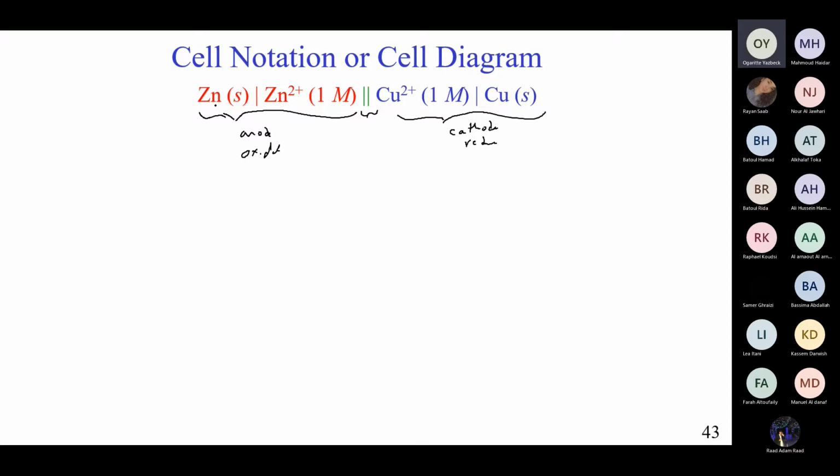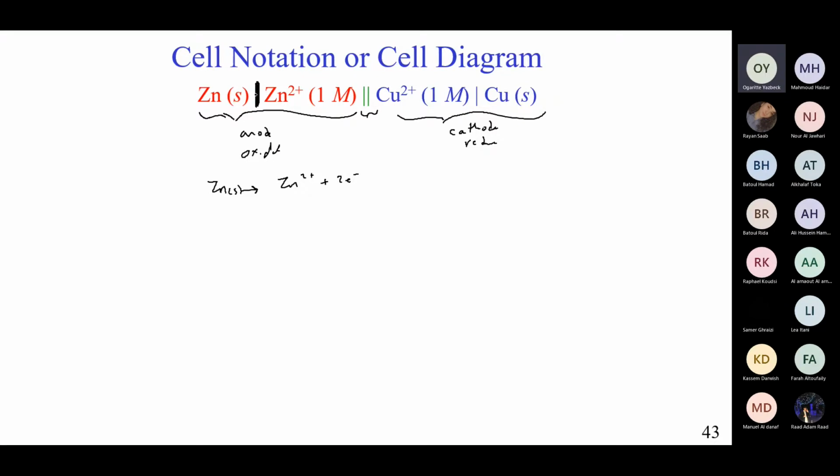If it's oxidation, guys, zinc goes to zinc 2 plus and 2 electrons. That's the actual reaction that's taking place. So what we do is we put zinc solid first. We put one line for the change in phase, from solid to aqueous, and that goes to zinc 2 plus.